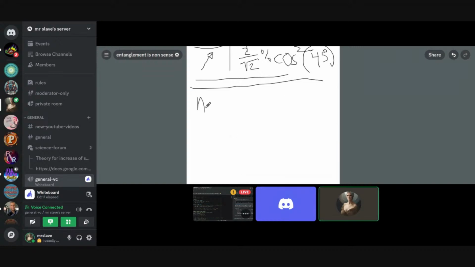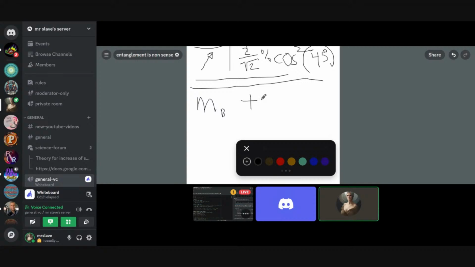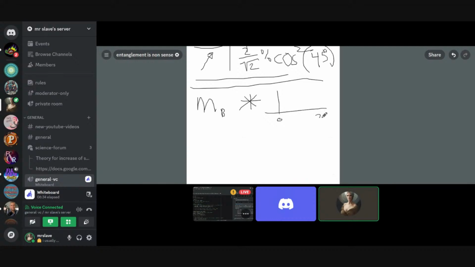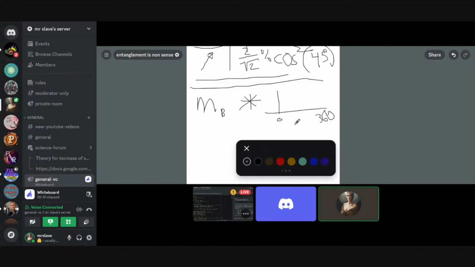Only the magnet for particle B, we're going to change every time. We're going to measure at angle 0, and at 360, and at 180, each time a different angle, where 0 is up, let's say.